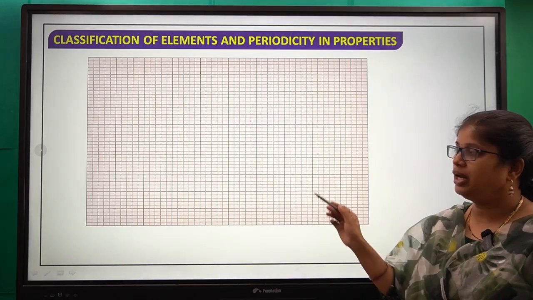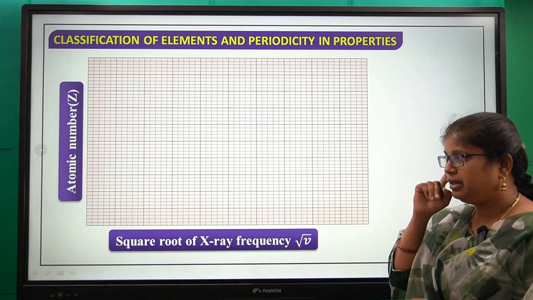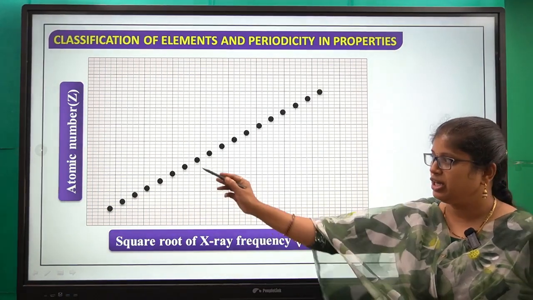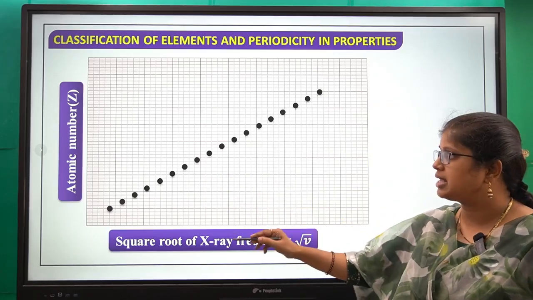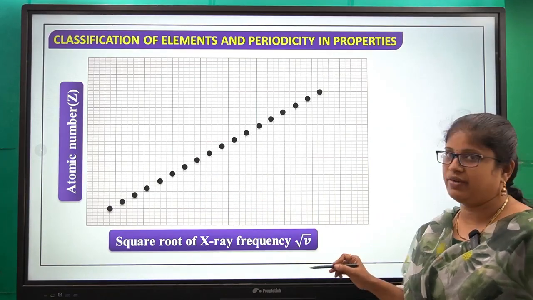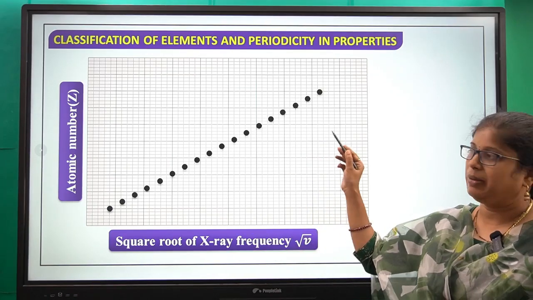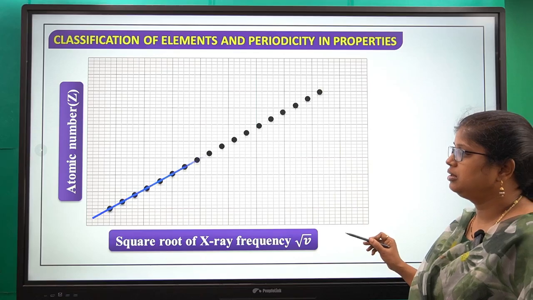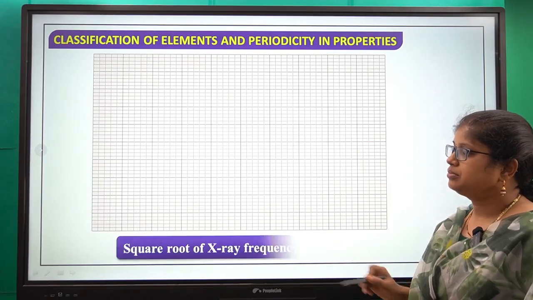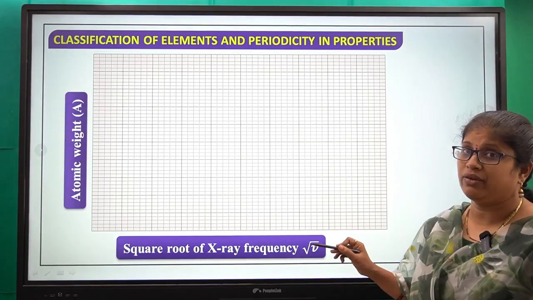Next, he plotted a graph between these, and after plotting this he observed a regular pattern. So what is that? He took atomic number on the x-axis and square root of X-ray frequency on the y-axis, and when he plotted a graph, he got a straight line like this. Next, square root of X-ray frequency and atomic weight.